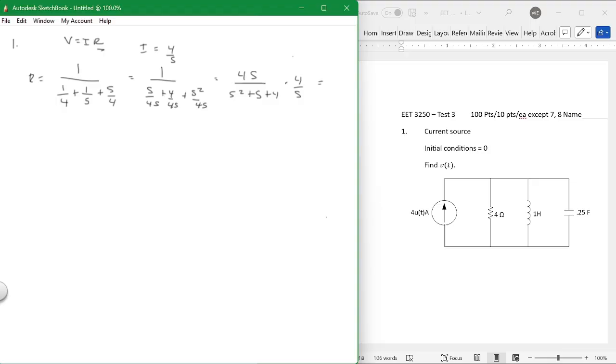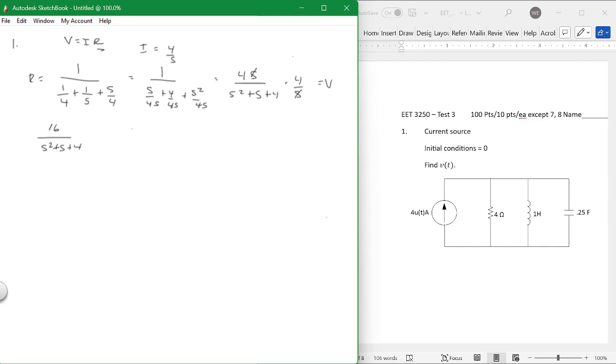Now this is equal to my voltage, right? And that's what you now have to convert back. Now you play the game of converting from the S domain back to the time domain. So basically you can cancel this out, cancel that out, so it's equal to 16 over S squared plus S plus 4.